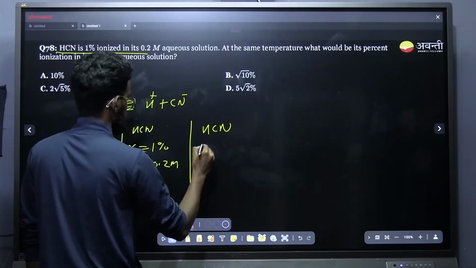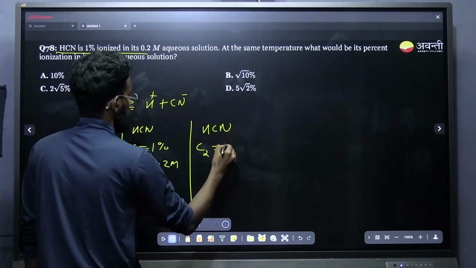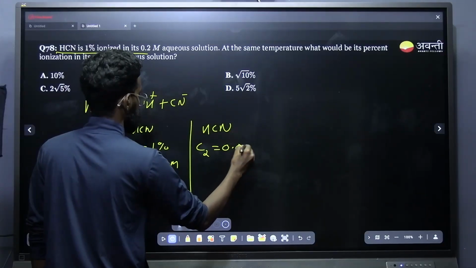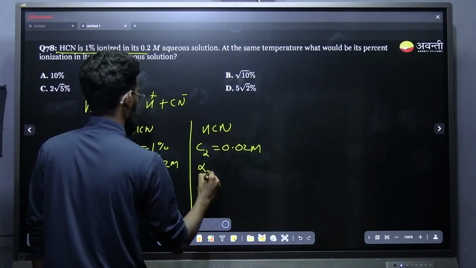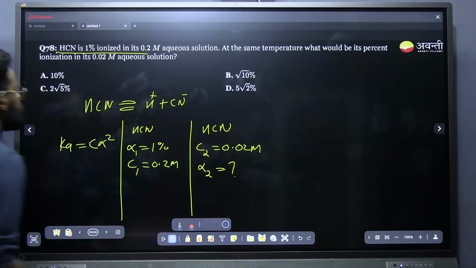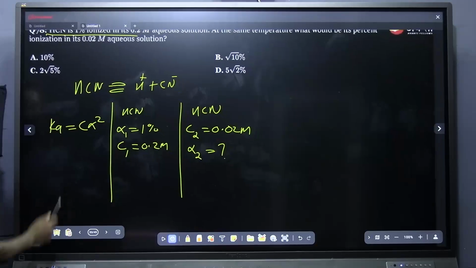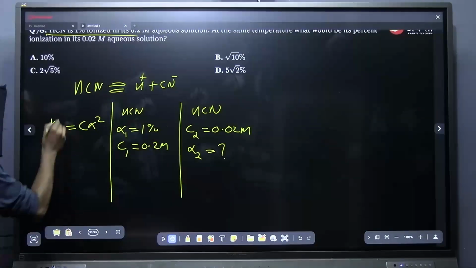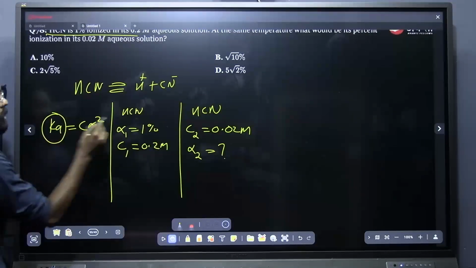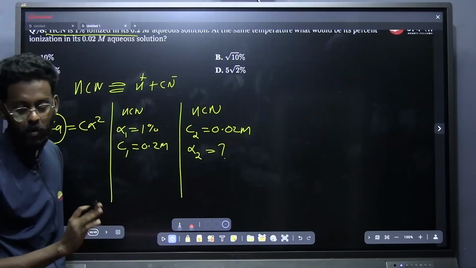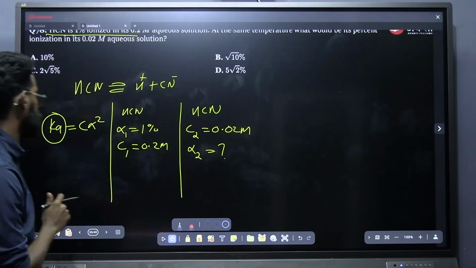If I am changing the concentration from C1 to C2, which is 0.02 molar, alpha will be alpha 2. What will be the alpha 2 value? That is the question. Easily you can find it out because the Ka value is the same for both concentrations. Ka is not going to change with respect to concentration.